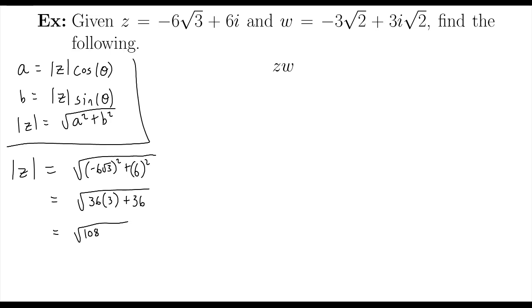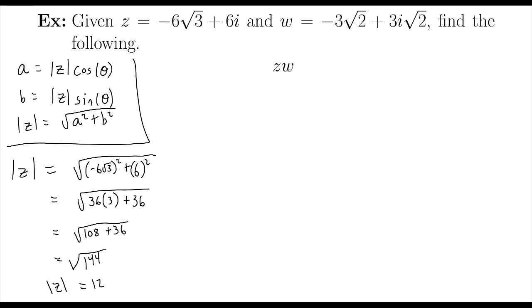Thirty-six times 3 is 108, plus 36. That's 144. And the square root of 144 is 12. So the magnitude of z is 12.